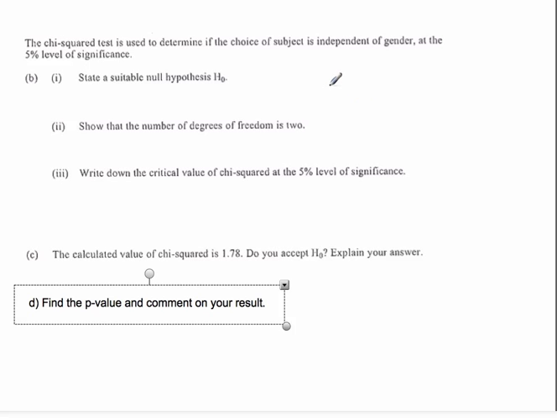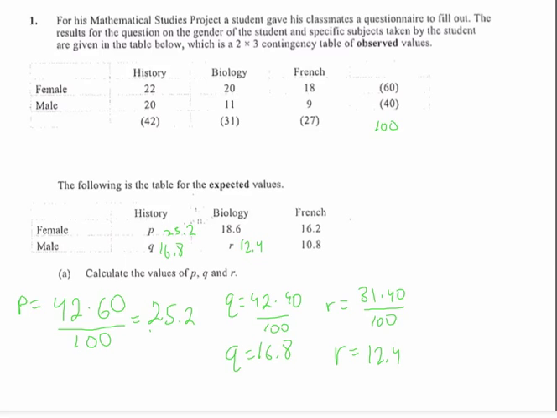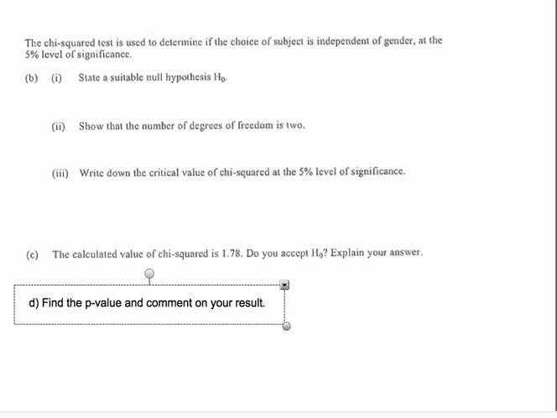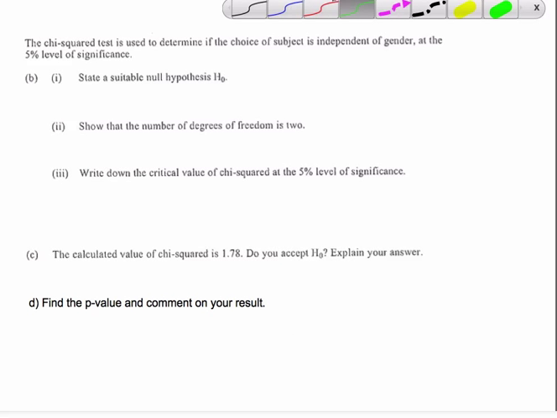Part B is find state a suitable null hypothesis. Alright, so null hypothesis, now let's take a look at subject and gender, okay? Choice of subject, okay, so null hypothesis is always that they're independent.